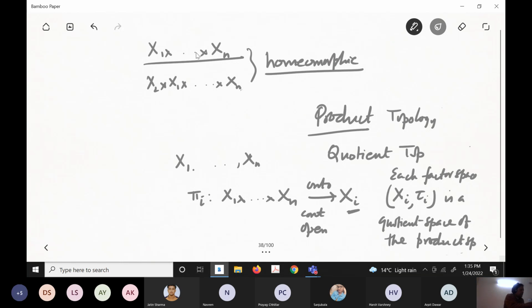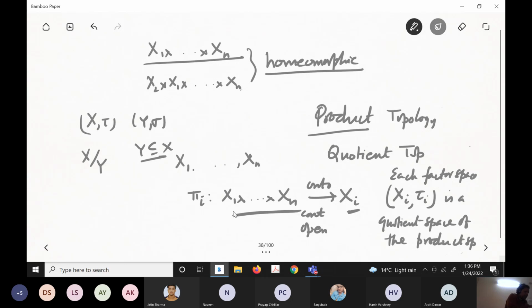Homeomorphic. Now look, for Xi, whether this will be true or that, I will have to define something, which I do not know how to do here. If you have X a topological space, and even if Y is a subset of X, how do you define this? So that is another thing.